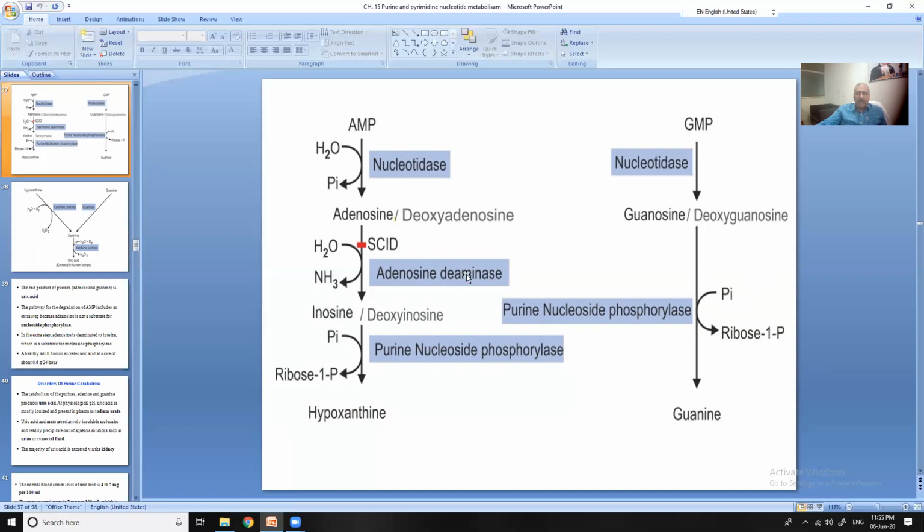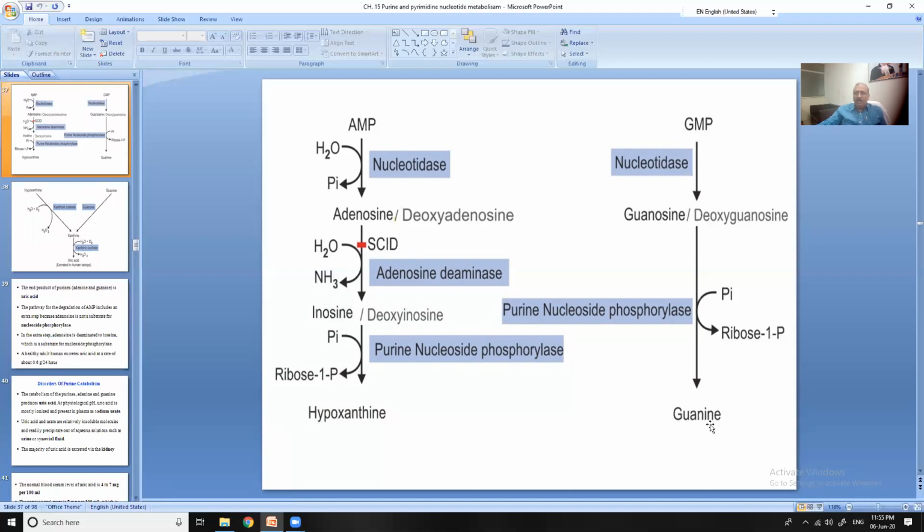Then by the action of the deaminase, we are getting inosine. And by the action of purine nucleotide phosphorylase, we are getting here guanine.